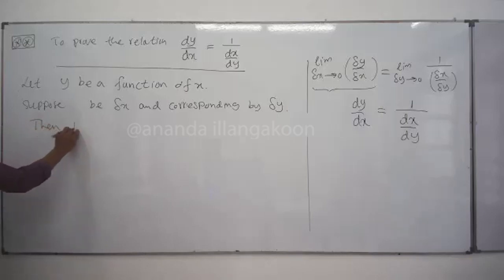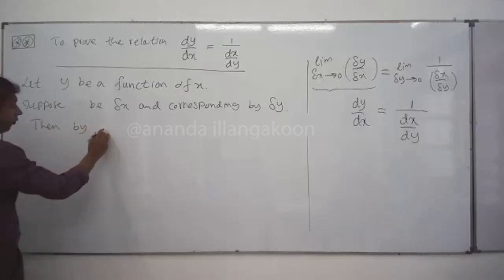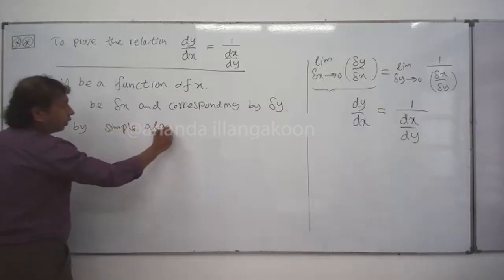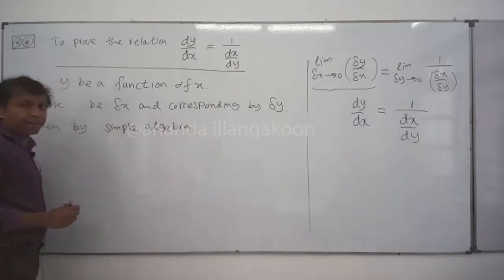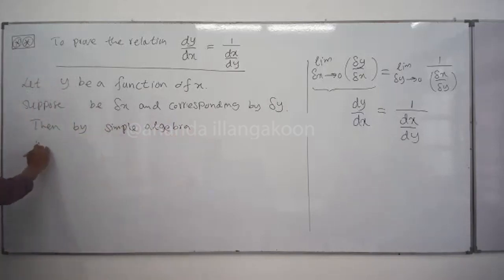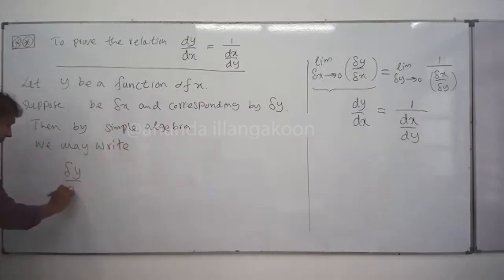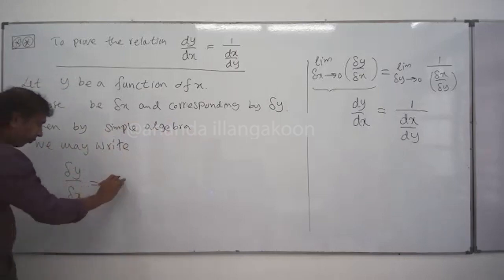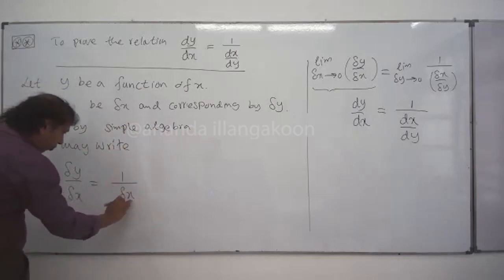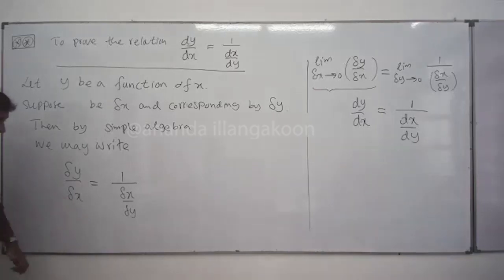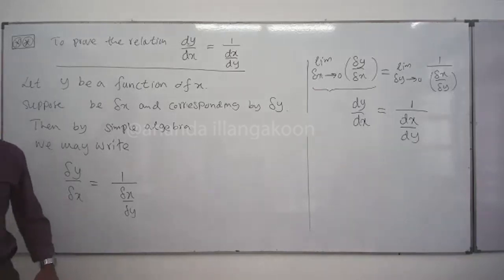Write down, then by simple algebra we may write delta y divided by delta x is equal to 1 upon delta x by delta y. Delta y by delta x is equal to 1 over delta x upon delta y. This way we can write.